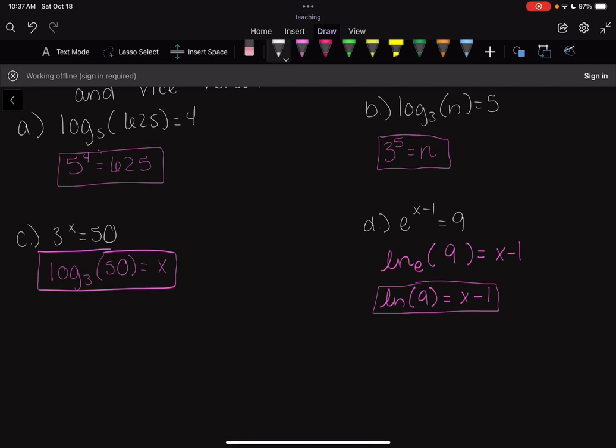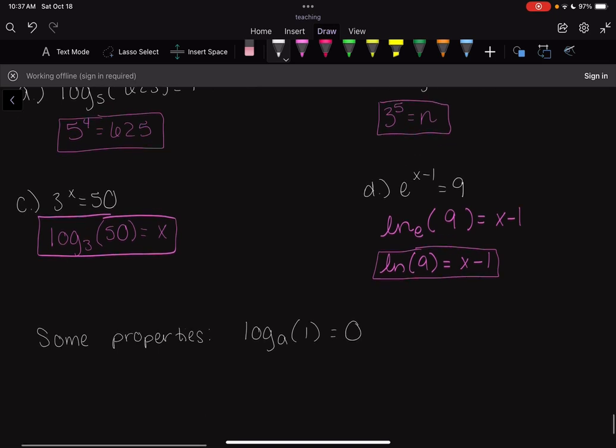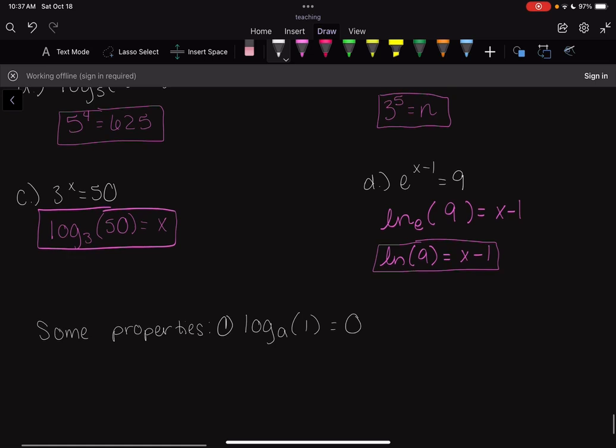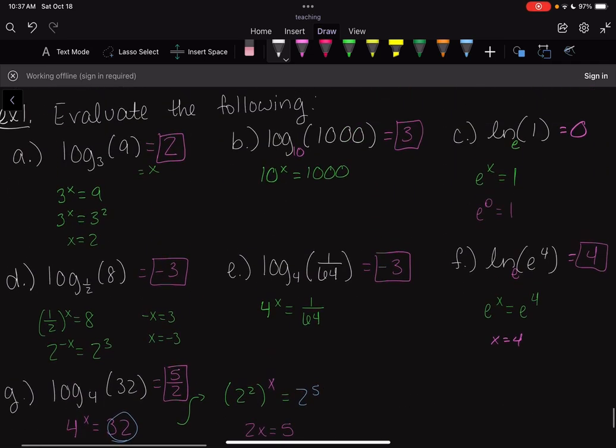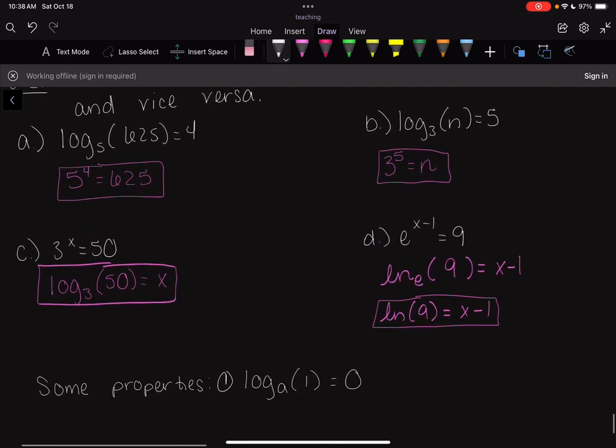Now we've kind of seen this happen, but I do want to talk about some properties with logs. If you have log base a of 1, that will automatically equal 0. And we saw that happen earlier in our example. When I did example C, it was a base of e and it was of 1.